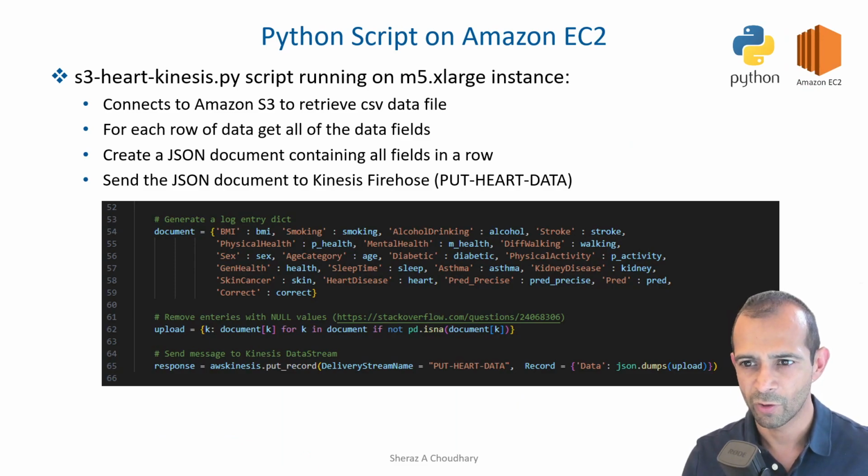This is a portion of the Python script, on lines 52 to 66, where it generates a JSON object and then uploads that JSON object to the Kinesis Firehose. Once it receives a JSON object, Kinesis Firehose knows to put it into the index that I created in OpenSearch.